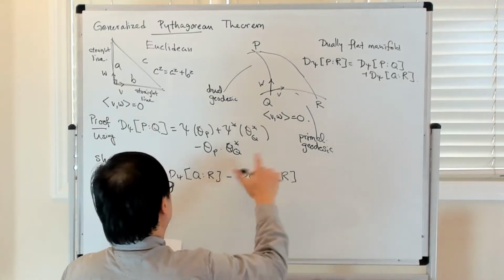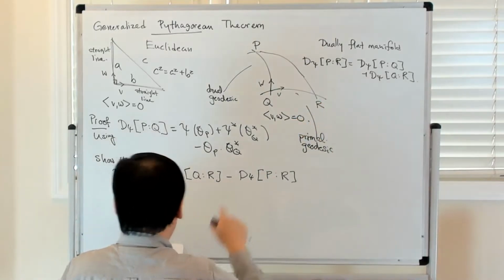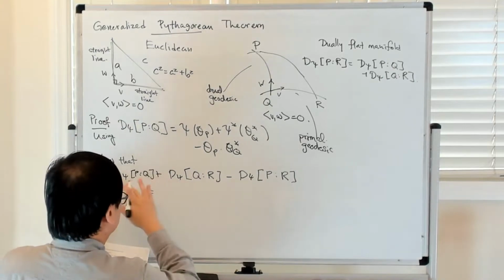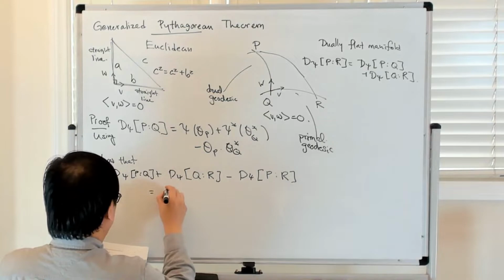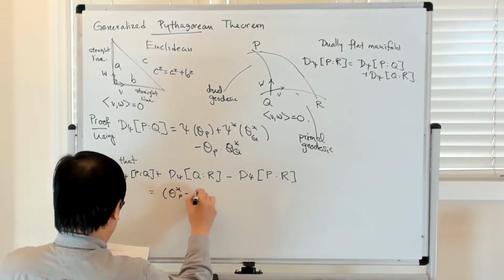I'm going to take this plus this minus this. If that holds, this would be 0. So after writing this all down, using this expression, what you end up getting is this inner product, this dot product.